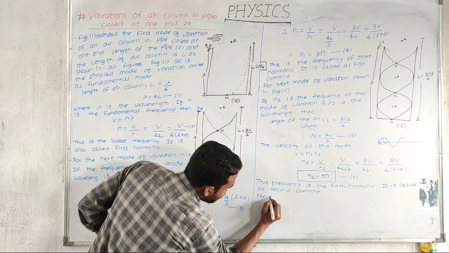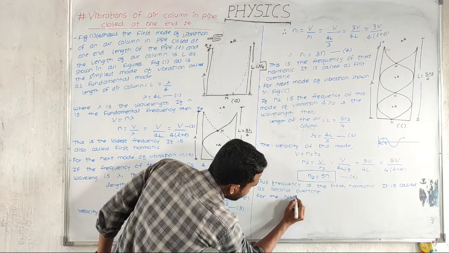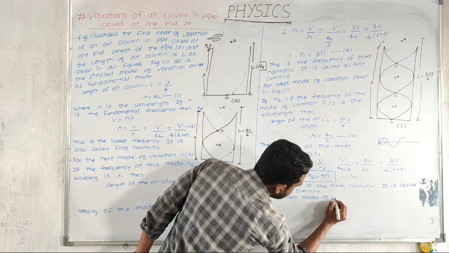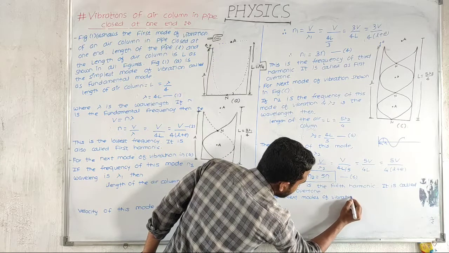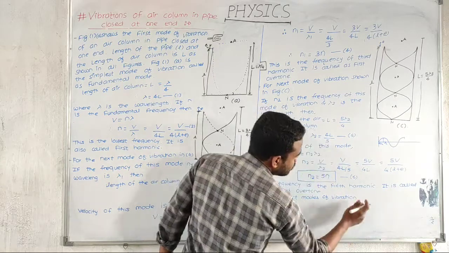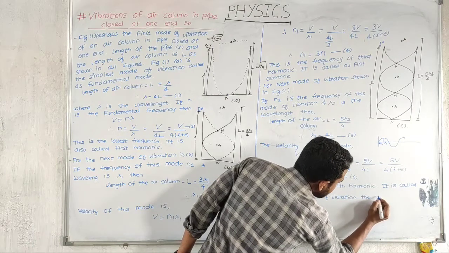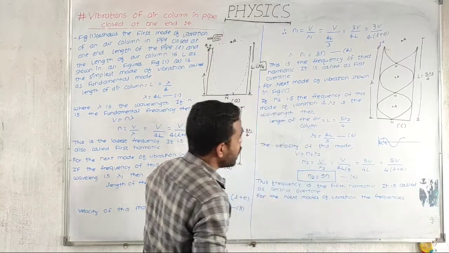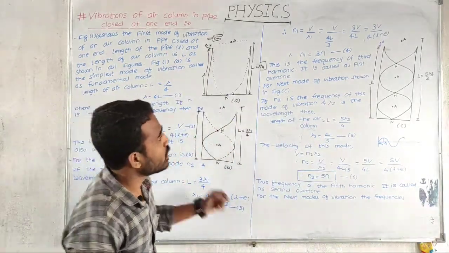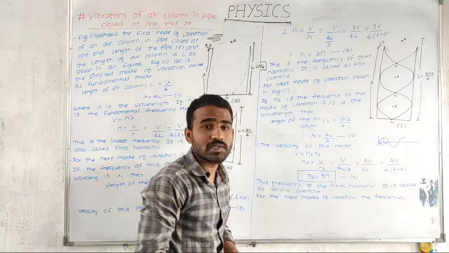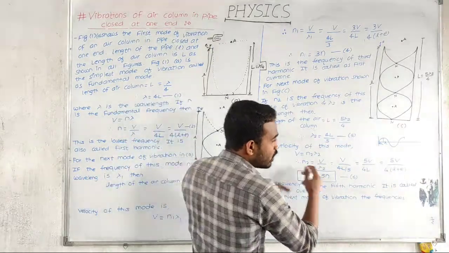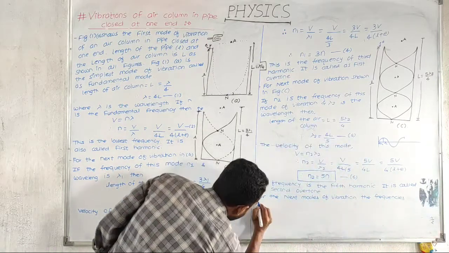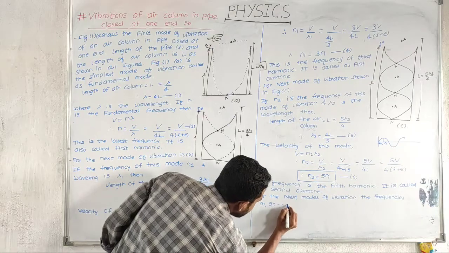For the next modes, the frequencies are N, 3N, 5N, which are odd multiples, and after 5 will be 7N, then 9N, etcetera.